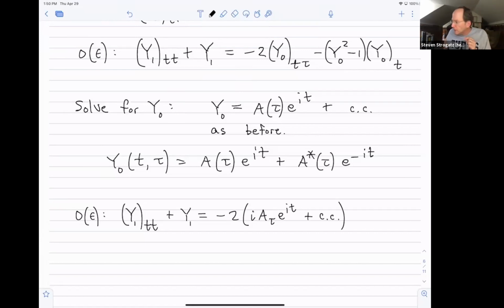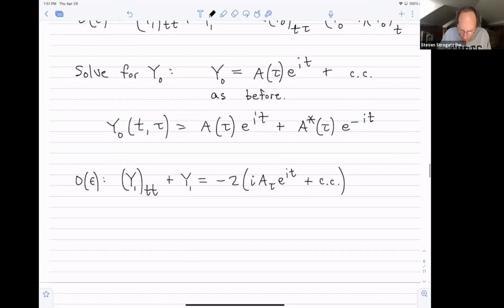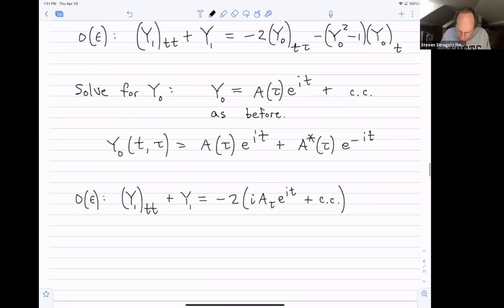I'm going to write everything that's going to end up being proportional to either e to the it, or we're going to also get from the cubic terms some e to the 3it, but I want positive integers in my exponent. I'm not going to have negative it or negative 3it. Those will all get lumped into complex conjugates, just to have half as much writing. So anyway, I have that plus its complex conjugate.